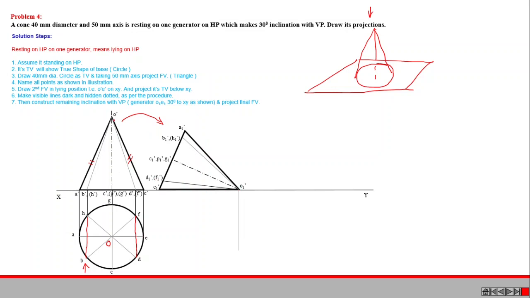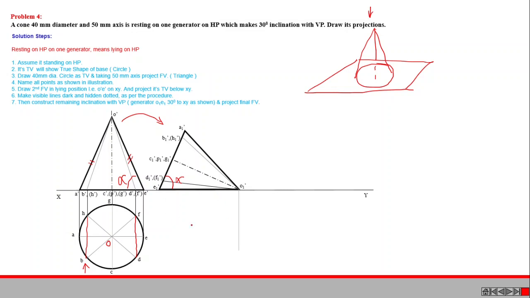Then we can mark E dash O dash on the XY line. Then we can transfer or find this angle alpha, and mark that angle in the second front view. Then we can draw the base. This base length is equal to this one. Then we can complete the entire front view.